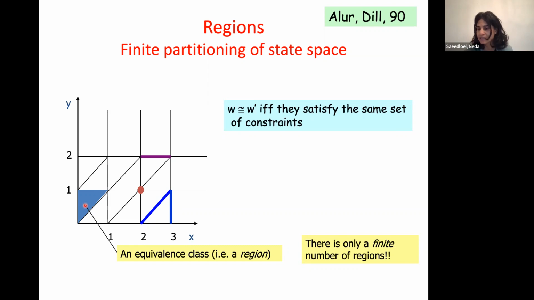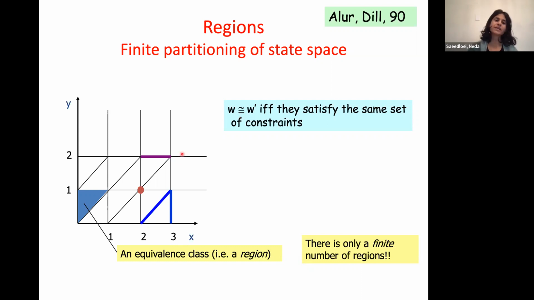So previously we had an infinite number of states in our state transition systems, and the goal is to essentially create a finite abstraction of the system so that reasoning over the system becomes possible. Intuitively, two clock valuations are equivalent if and only if they satisfy the same set of clock constraints.